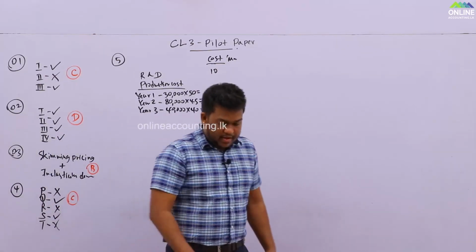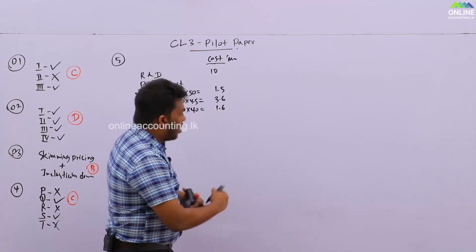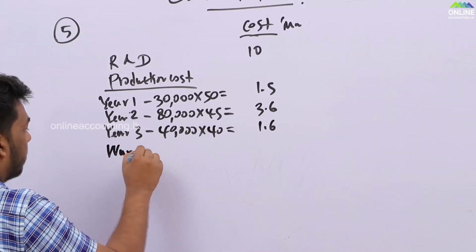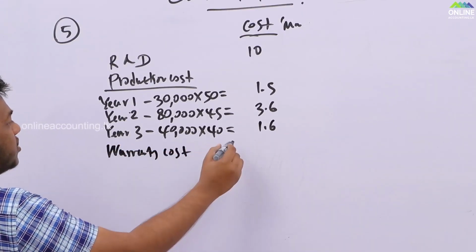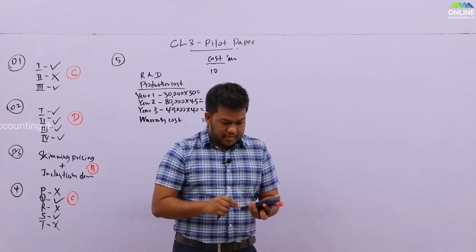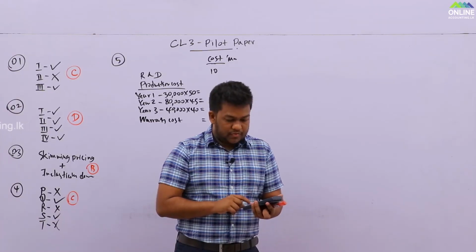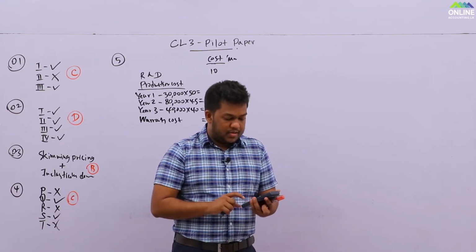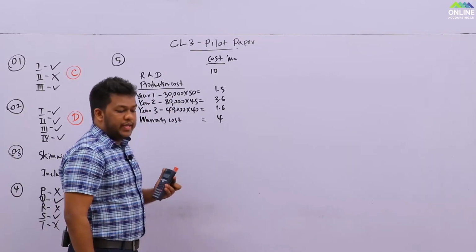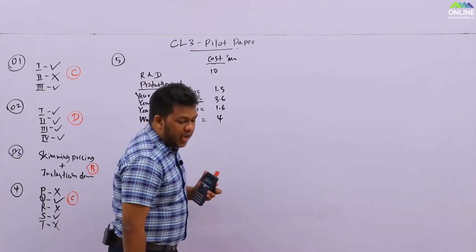Then you have warranty cost. How much is the total warranty cost? Get the summation: 1 plus 1.5 plus 1 plus 0.5, that is 4 million. The next, last one, dismantling.